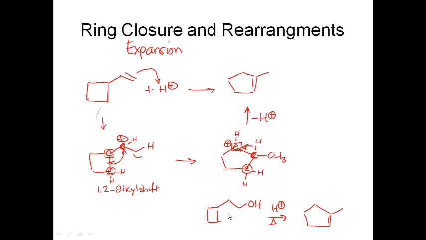So could you write a mechanism that's very similar to this for that reaction? You might want to try that, and we'll go ahead and do that one in class. The mechanism is very similar. It's just starting with an alcohol, and we would get the same product.